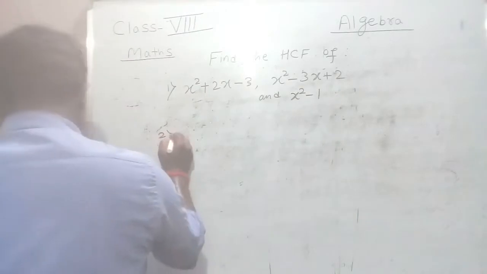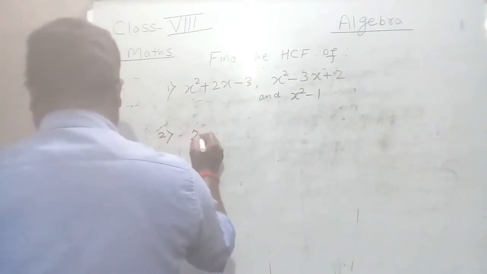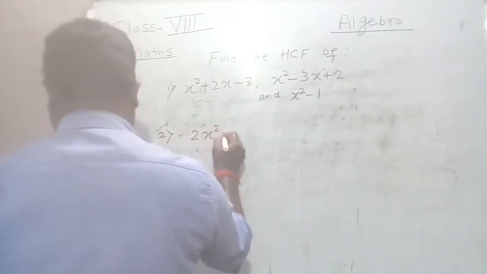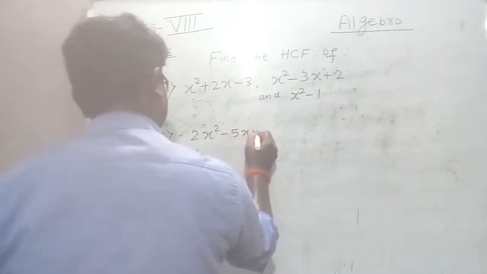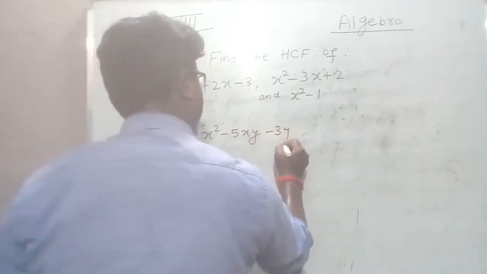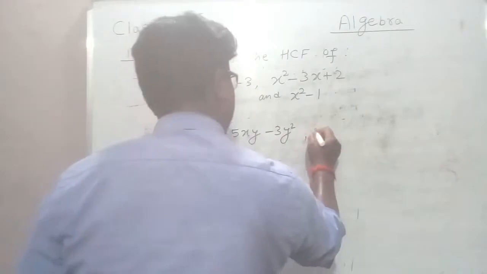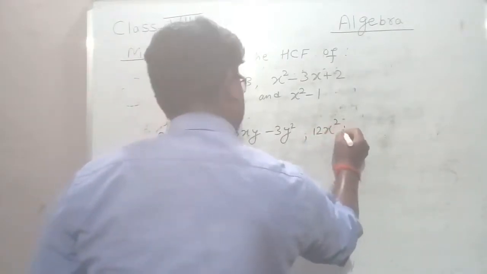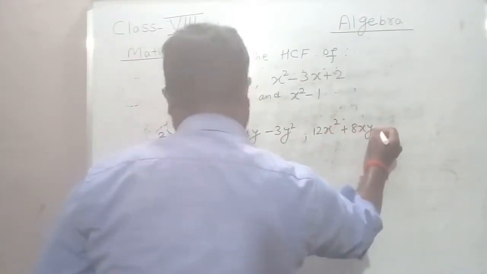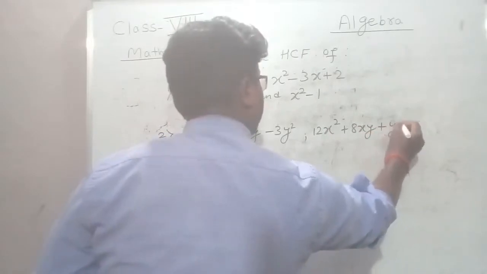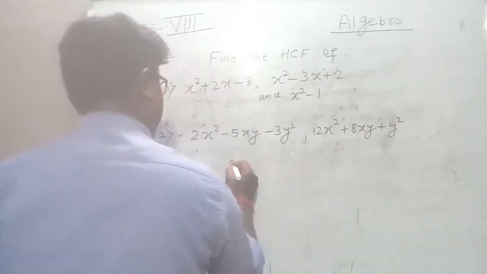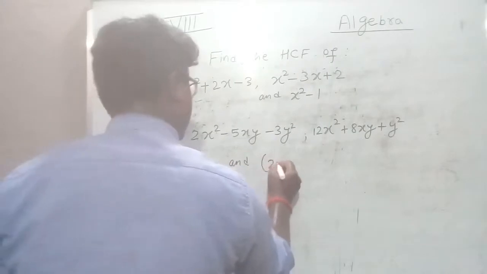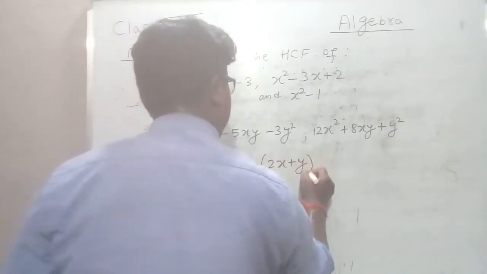Okay, the second question is 2x square minus 5xy minus 3y square, 12x square plus 8xy plus y square, and 2x plus y whole cube.